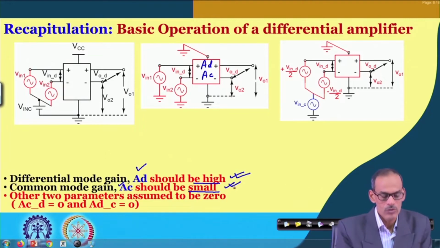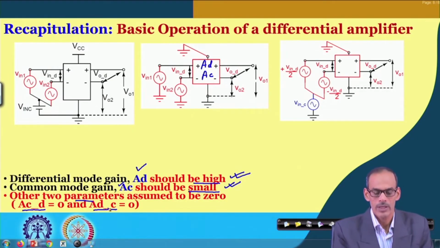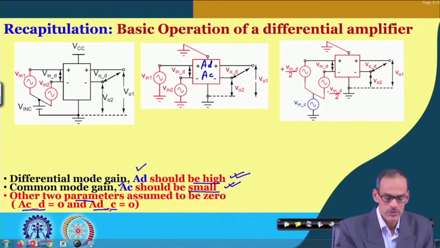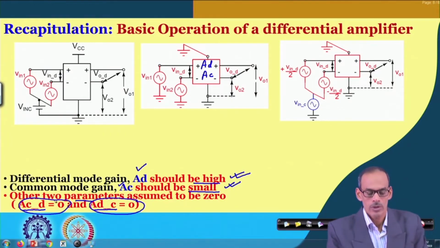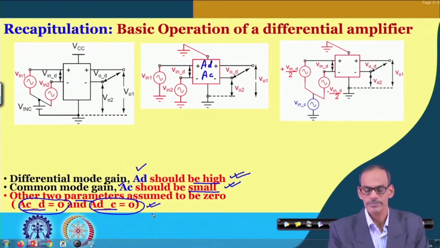Apart from that, we also have two more parameters, namely common mode to differential gain and differential to common mode gain, but unless otherwise stated, we assume that both of them are equal to 0. So, henceforward we will be assuming that these two are 0. Later we will be talking about how to achieve this property in the actual realization.